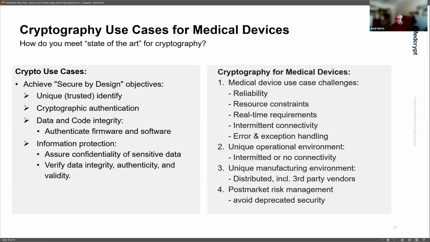Is it your company? Is it a third-party manufacturer? And then lastly, healthcare is unique, although other industries are catching up, in the very strict requirements for post-market risk management, including the avoidance of deprecated security. Next, please.